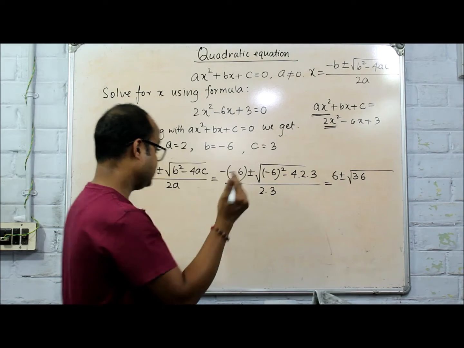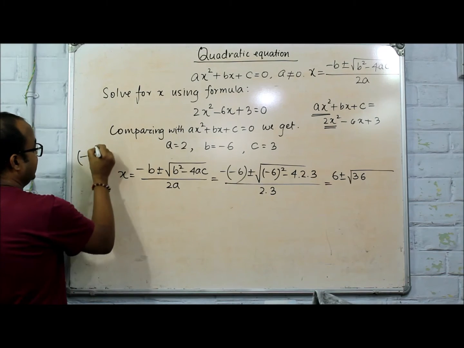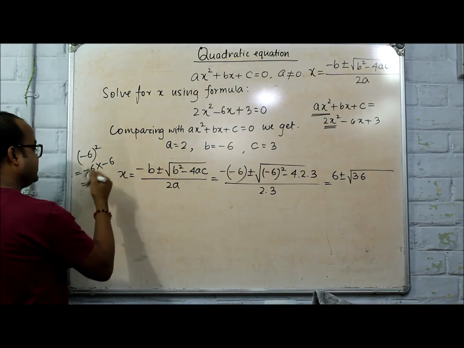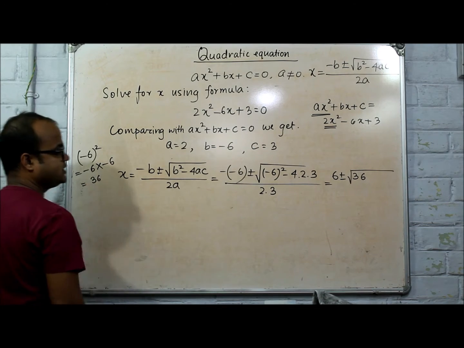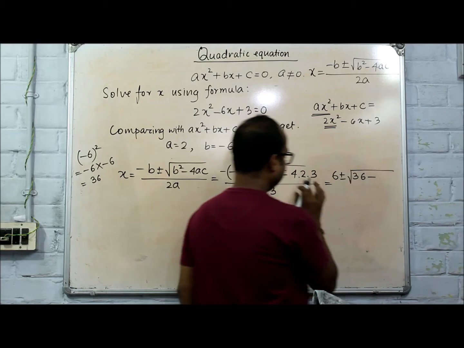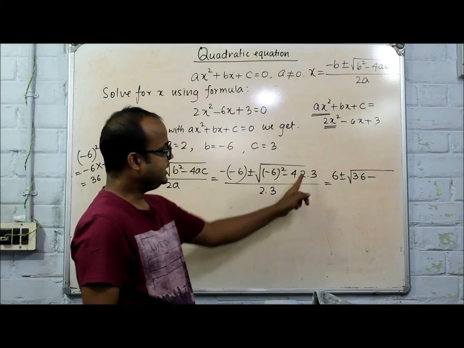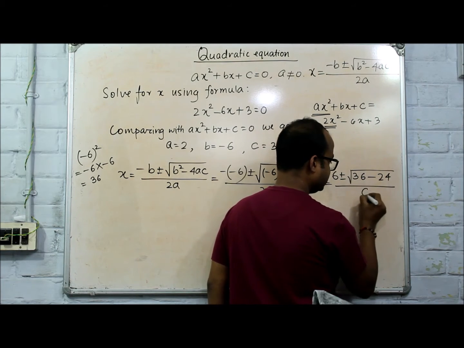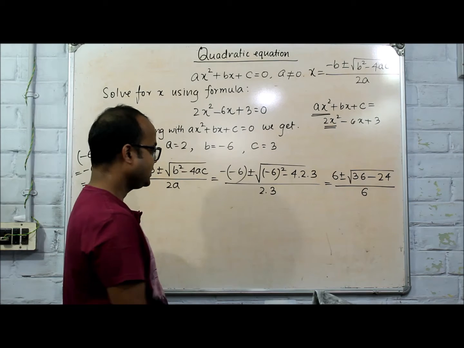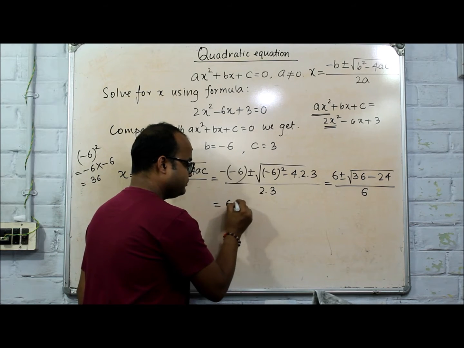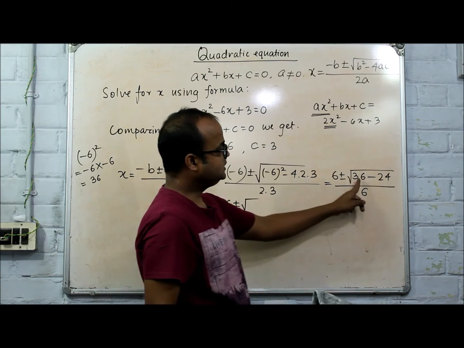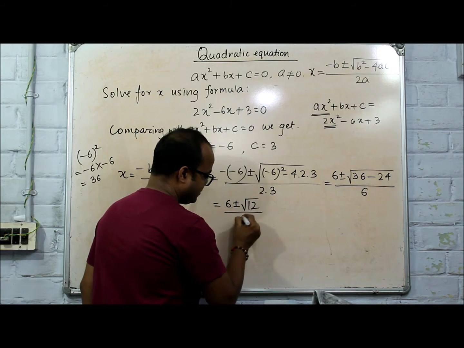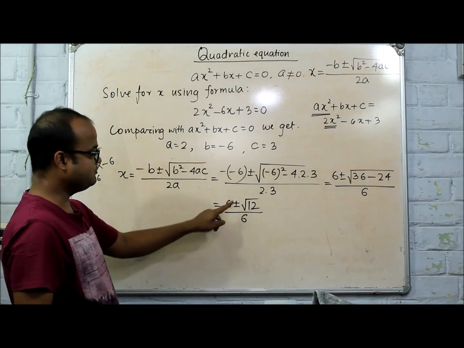Sometimes you make the mistake, minus 6 square means minus 6 into minus 6, so minus into minus is plus, 6 into 6 is 36, minus 4 into 2 is 8, 8 into 3 is 24, by 6. So 6 plus minus square root of 36 minus 24, which is 12, by 6. Now we simplify.